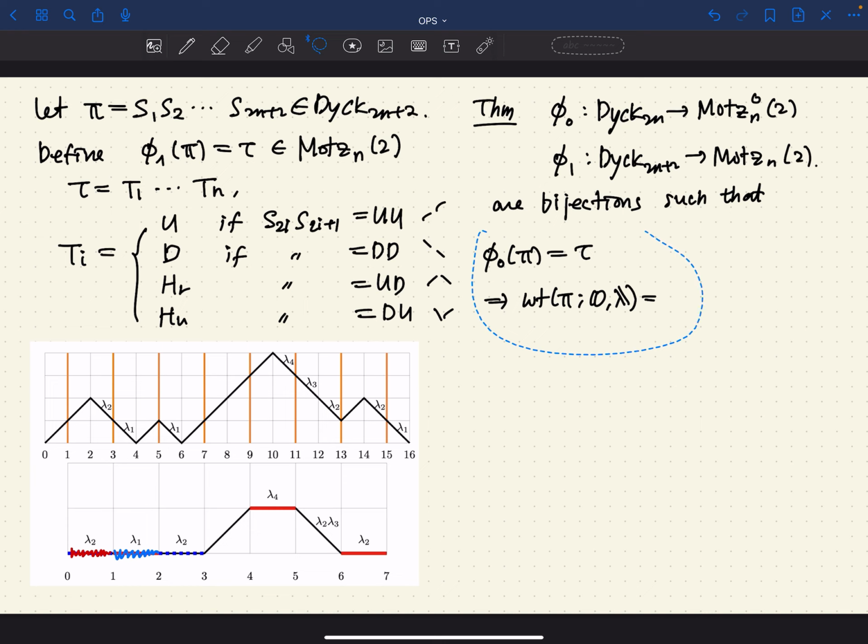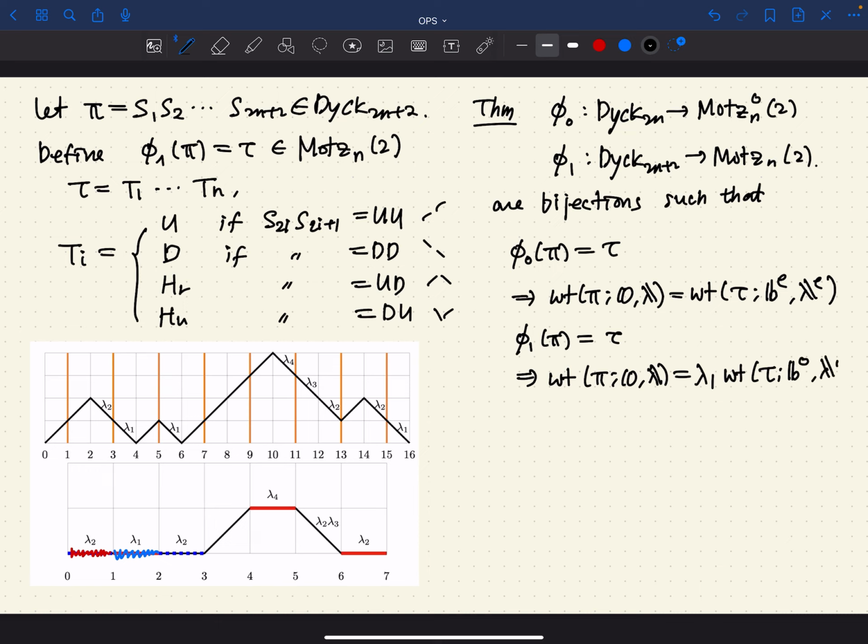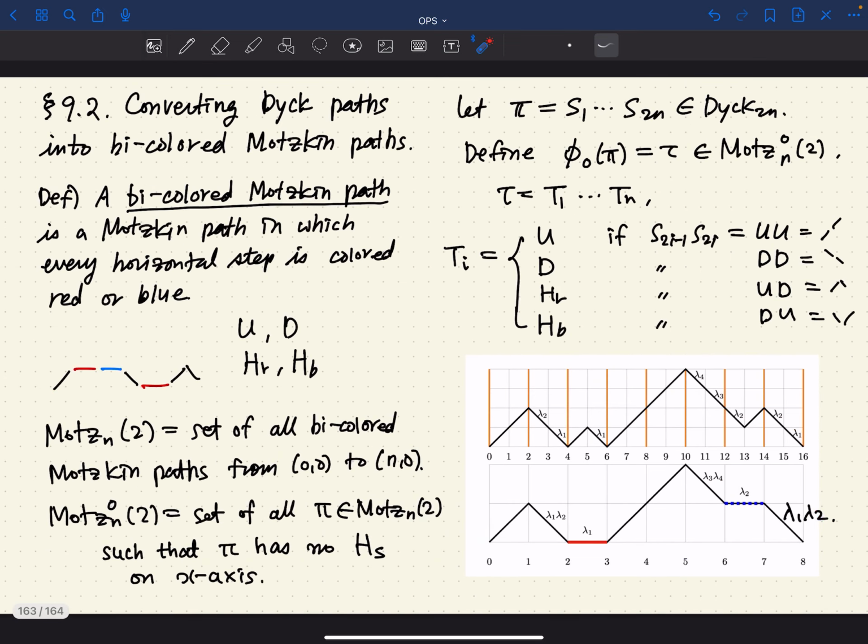Such that, let me rearrange the formula, the weight of tau, where we use the sum over E of lambda E, and if we have this, then the weight of pi is lambda 1 times the weight of tau, with the sum over O of lambda O. So this should be clear if you understand the bijection.